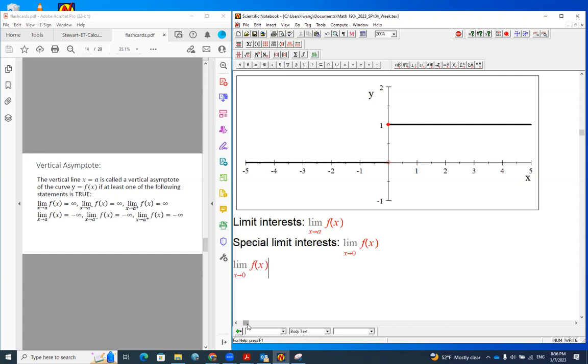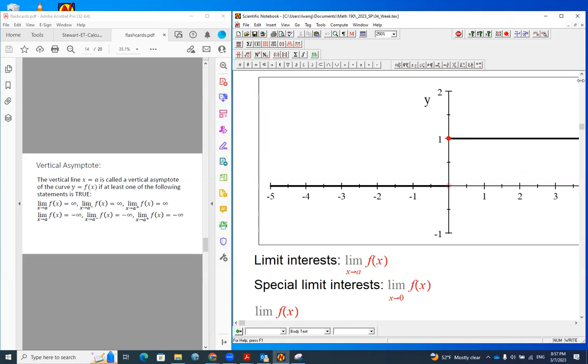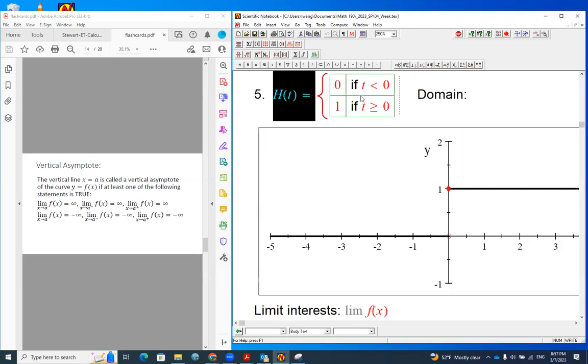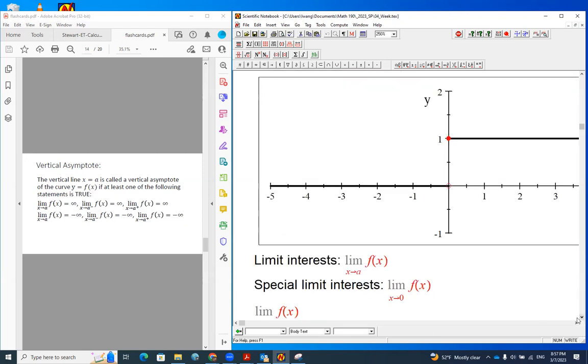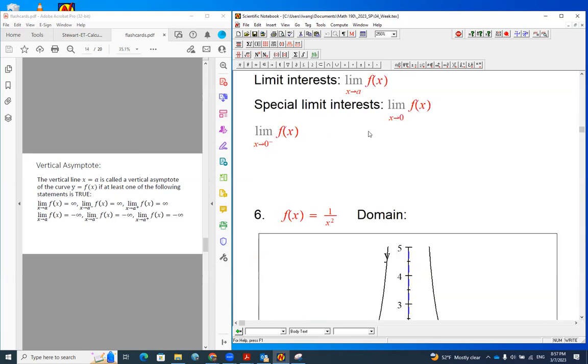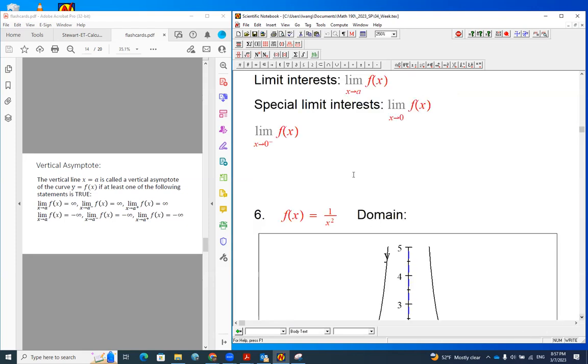So if we consider the limit when x is approaching 0 from smaller than 0, okay, I'm making some adjustments so you can see the sign. So from the picture, when we're approaching 0 from smaller than 0, which piece of function are we using? This piece, right? So that's going to be 0.